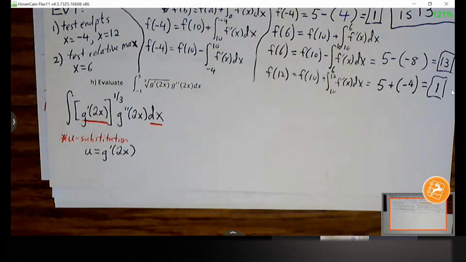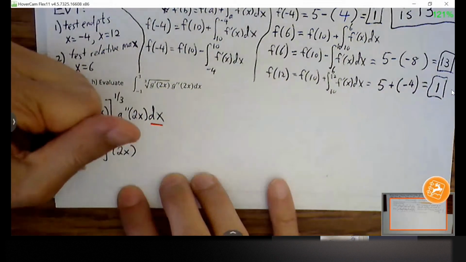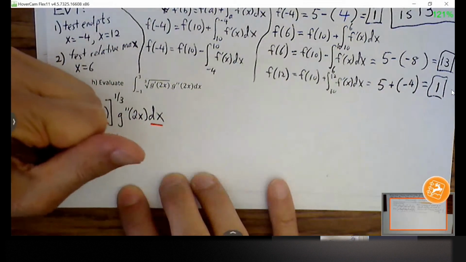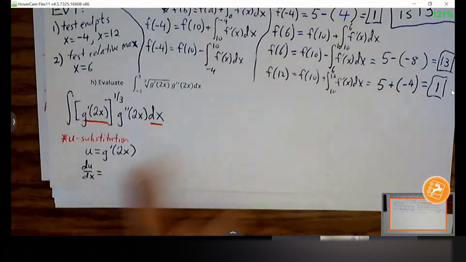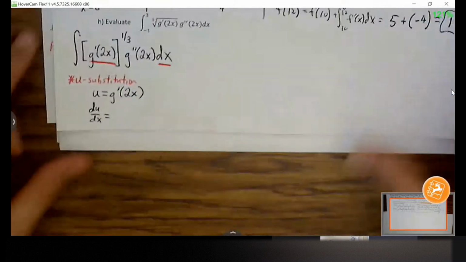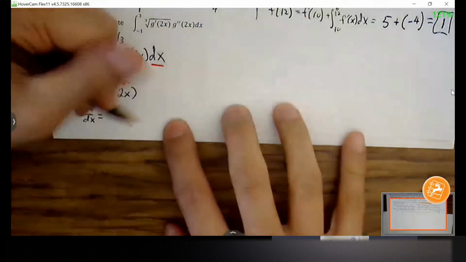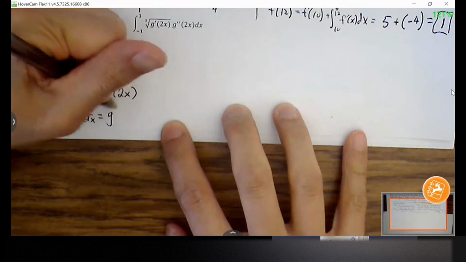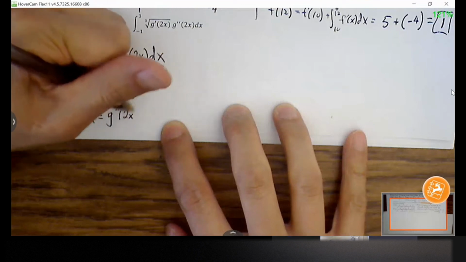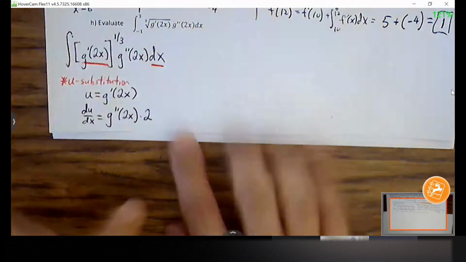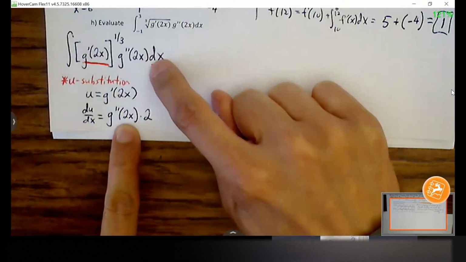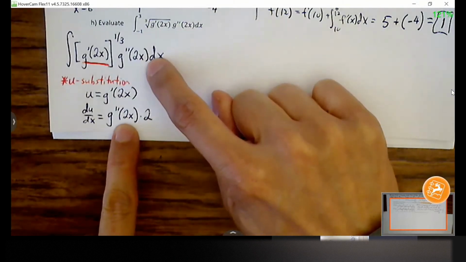Okay, so our u value is g prime of 2x, which means the derivative du dx, what's the derivative of g prime of 2x? G double prime 2x times 2. Good, chain rule. G double prime 2x times 2. And that's a good sign because we want this to go away, and that should help.